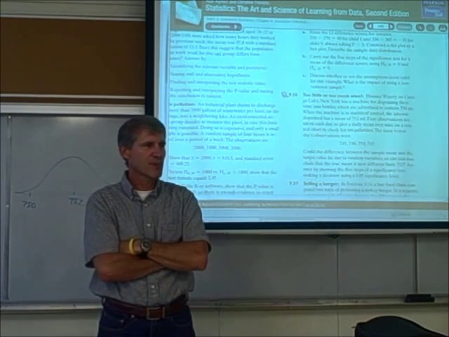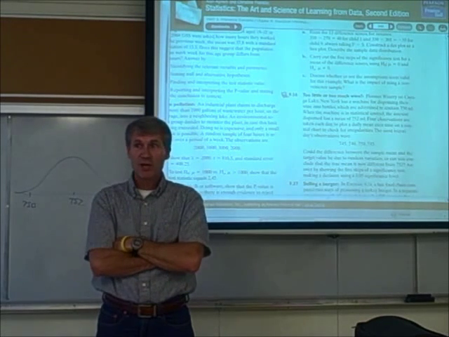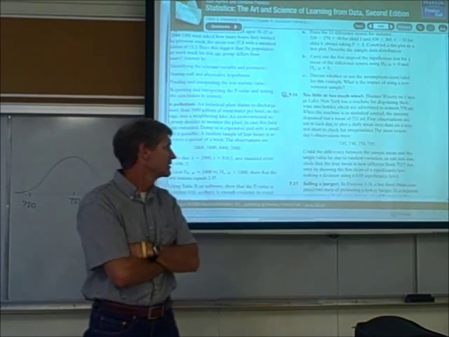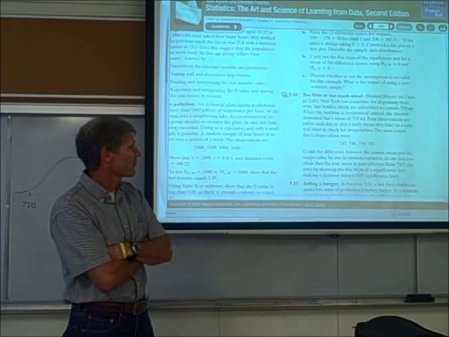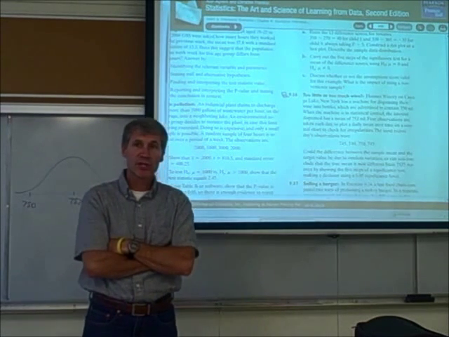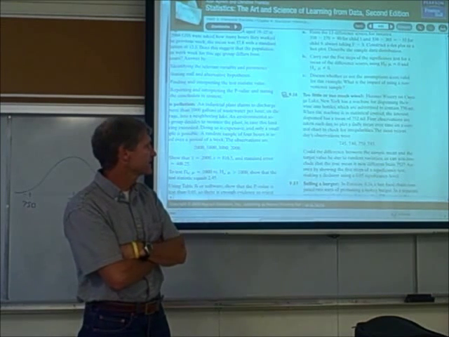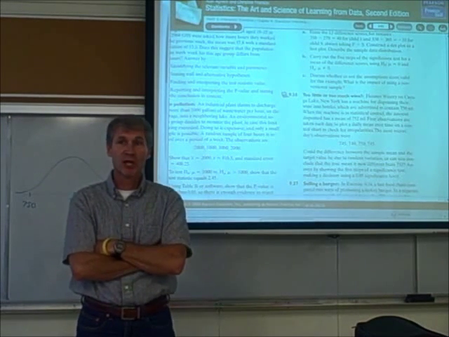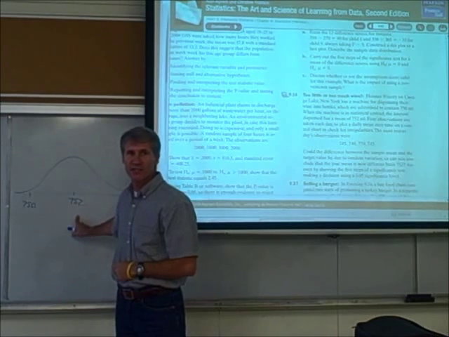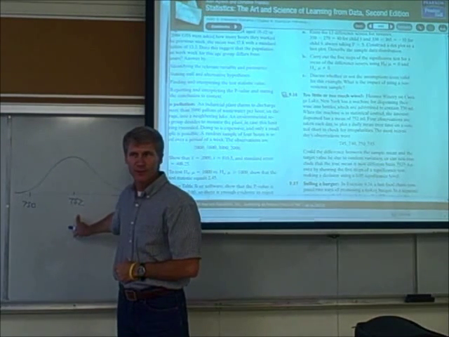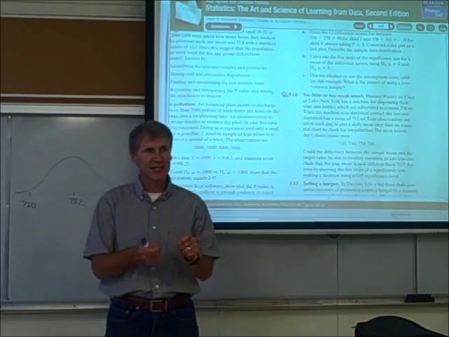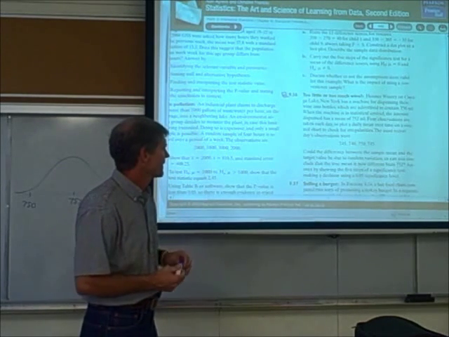Without doing any fancy statistics, if you were the statistician at this company and they said, here's our 4 bottles we sampled today, would you think the machine is doing what it's supposed to be doing? No. Every single one of the 4 is below the 752 that is their target. So there's a pretty good chance something's happened to the machine. It needs to be tweaked a little bit, right?